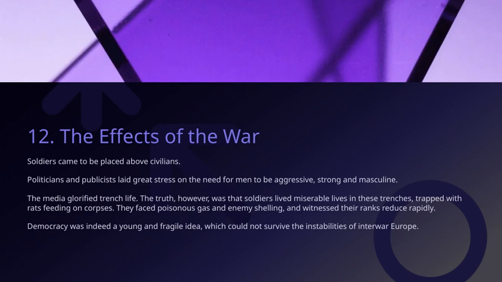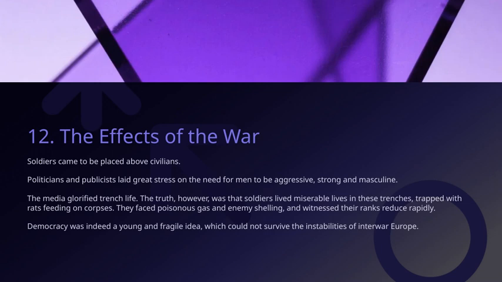The media, in particular, tended to glorify trench life, portraying it as noble and glamorous, but the reality was quite different. Soldiers endured miserable conditions, trapped in trenches filled with rats feeding on corpses, exposed to deadly gas, and under constant enemy shelling. Their ranks quickly thinned as many fell in combat. This contrast highlights how propaganda shaped perceptions, even when the truth was far from romantic.